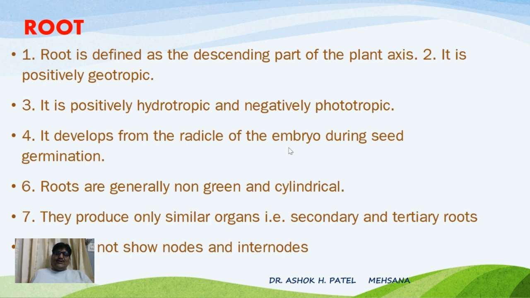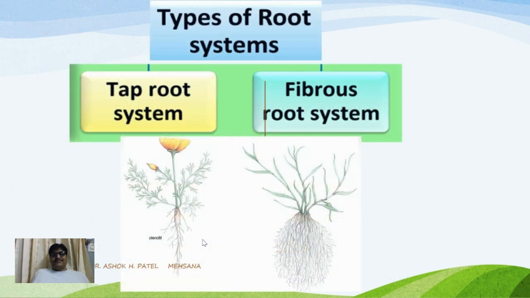Roots are generally non-green and cylindrical. They produce only similar organs, secondary and tertiary roots, and also root hairs produced from the parts of the root. They do not show nodes and internodes.